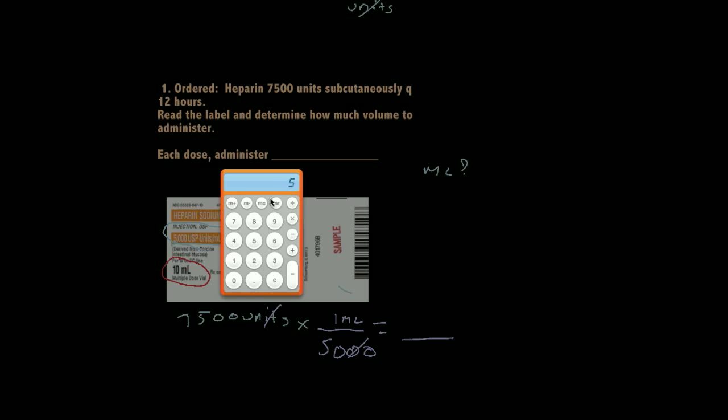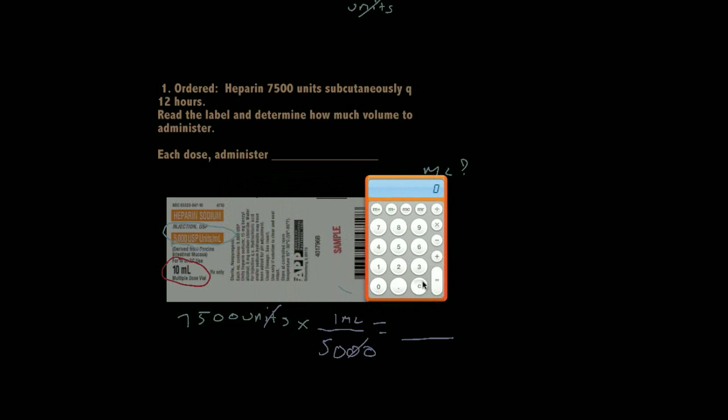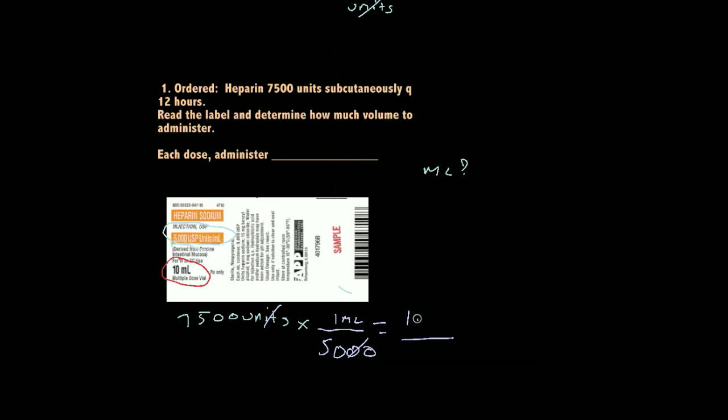Grab my calculator. 7,500 divided by 5,000 equals 1.5. 1.5 milliliters. On milliliters greater than 1, I go out to the hundredths, round to the tenths. It's already done so in this case. I ended with milliliters, so I'm good to go on this problem.